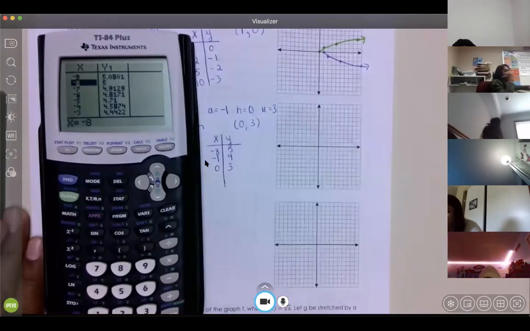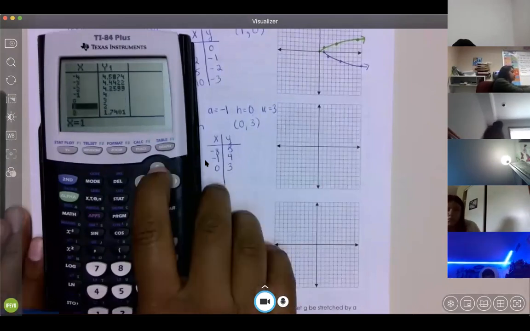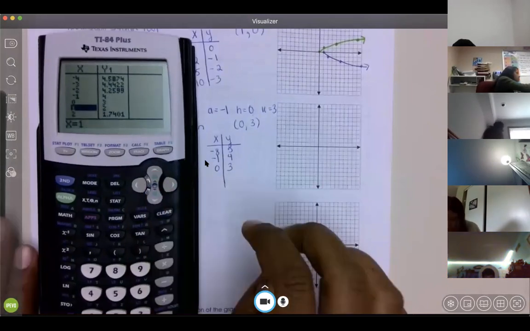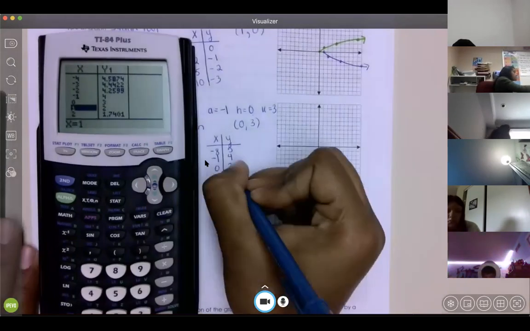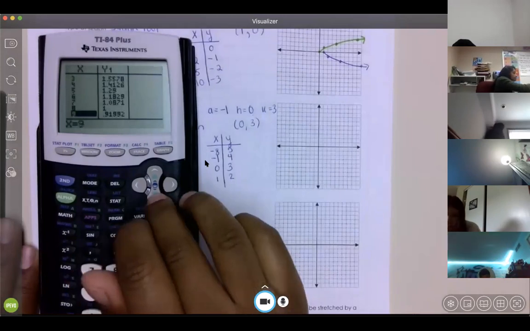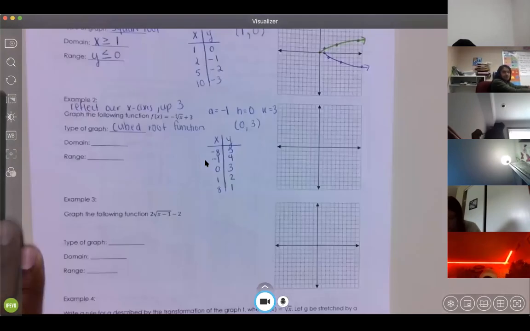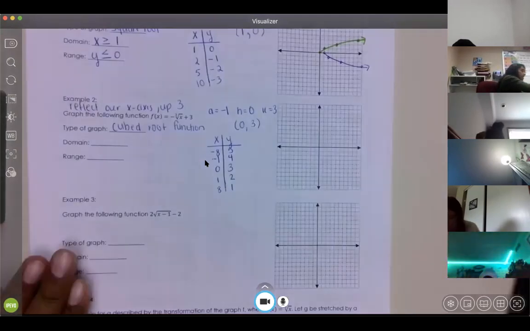And then you're gonna scroll down to get numbers that are bigger than 0. So I would go with 1, 2, and 8, 1. Any questions so far? All right, let's go and graph it.